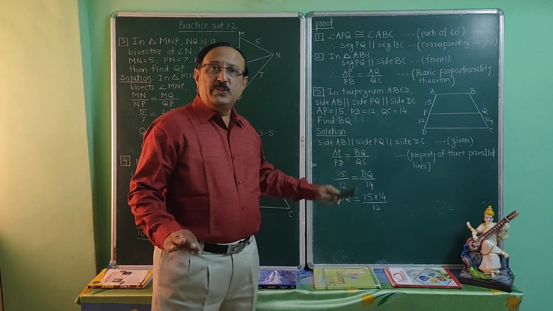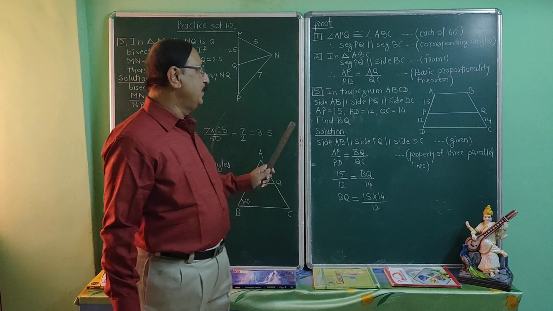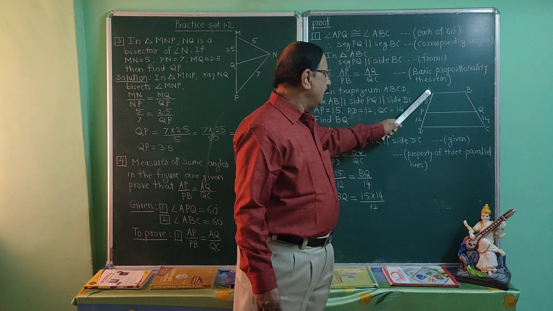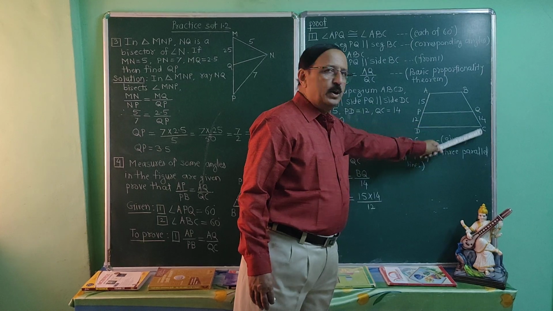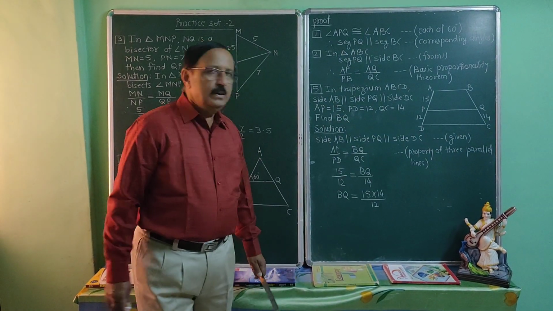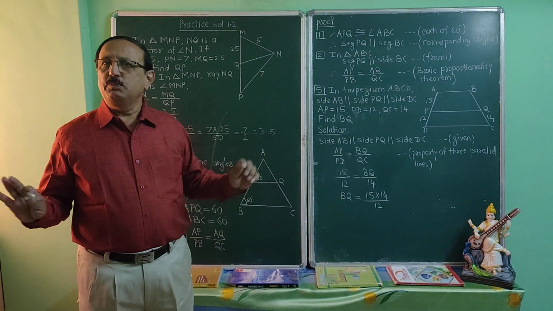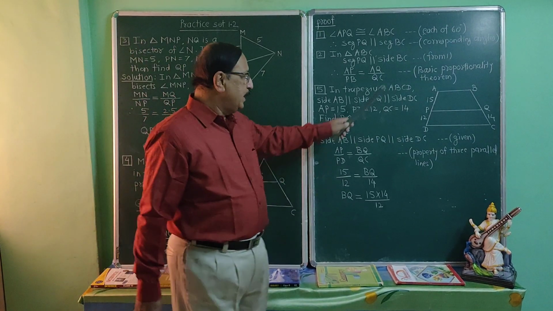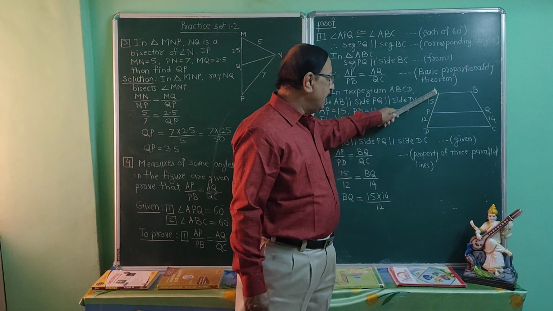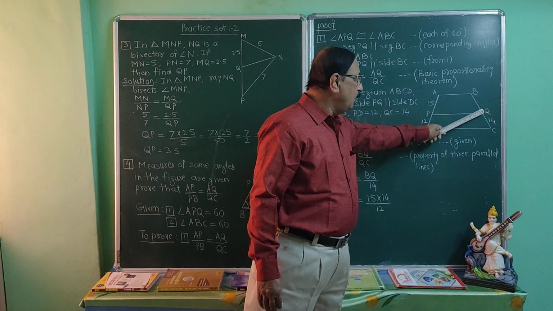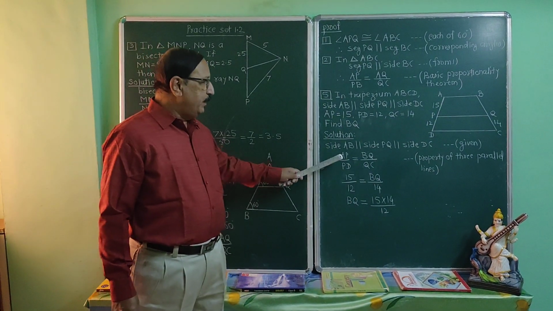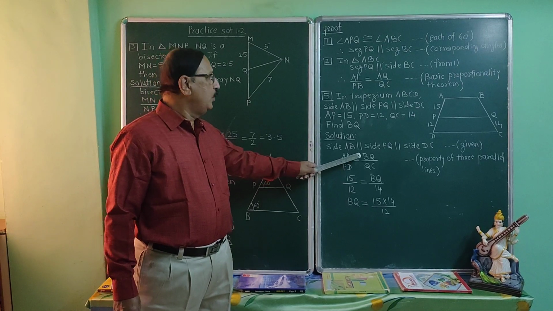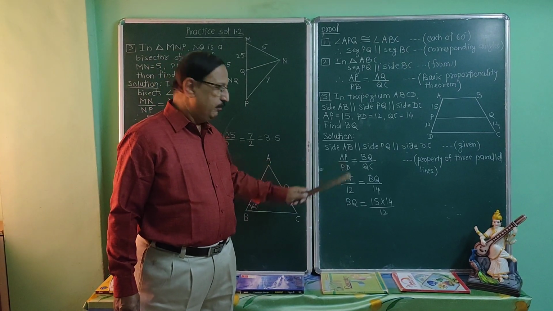And if the three lines are parallel, then AP upon PD is equal to BQ upon QC. Why? That is property of three parallel lines. The intercepts are proportional.